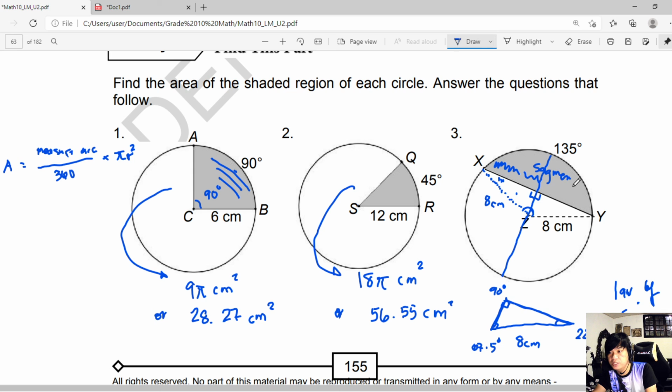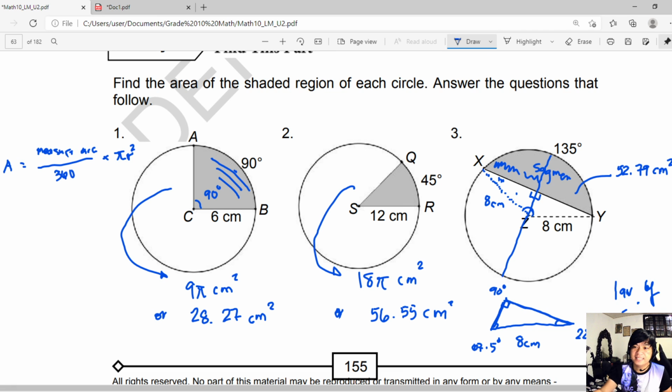The measure of this shaded portion, the one in gray color, is 52.79 centimeters squared.